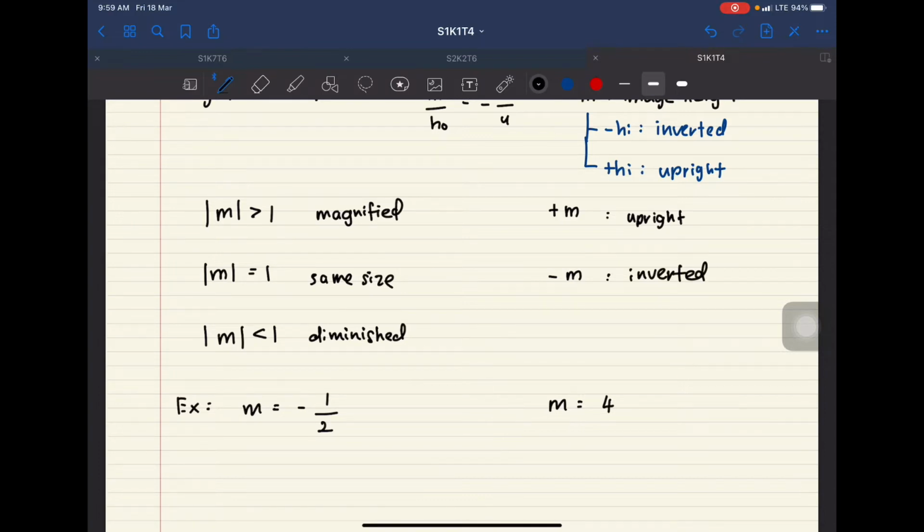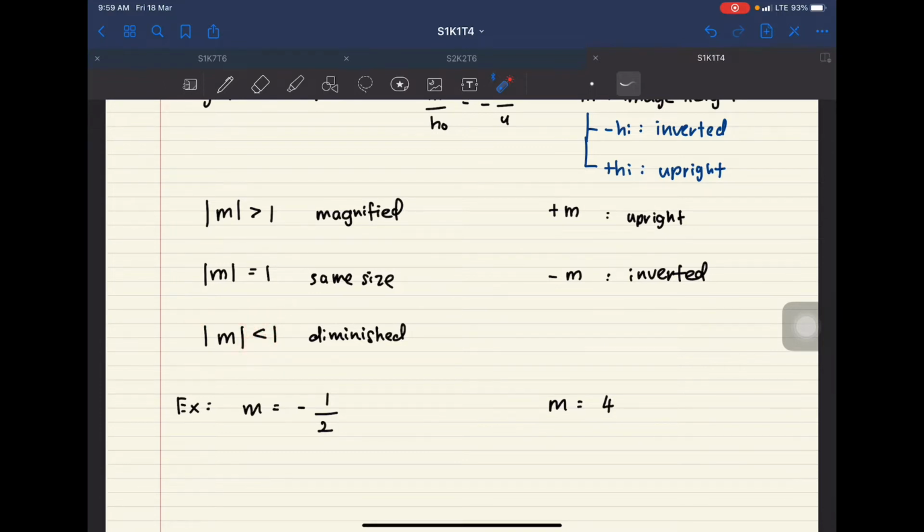One common mistake students make is when they want to determine whether it's diminished or not. When they see that this is less than 1, they assume any negative number is less than 1, but that's not true, because we are talking about the magnitude only.